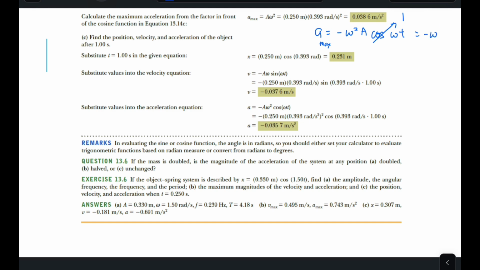That is how our equation is simplified to negative omega squared A. Seeing the question is asking about magnitude, we are going to use the modulus. We are left with omega squared A. So this is our answer.